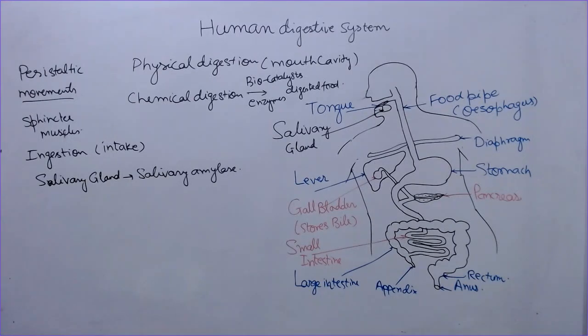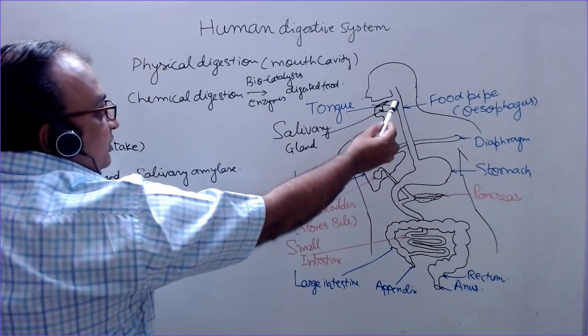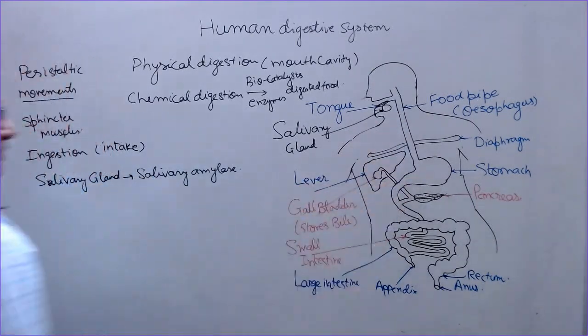So the food remains here for a very short time, and then moves through the peristaltic movements of the food pipe into the stomach. The chemical digestion, you can say, begins here.